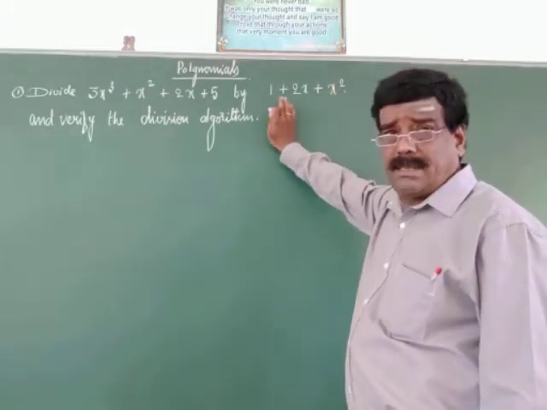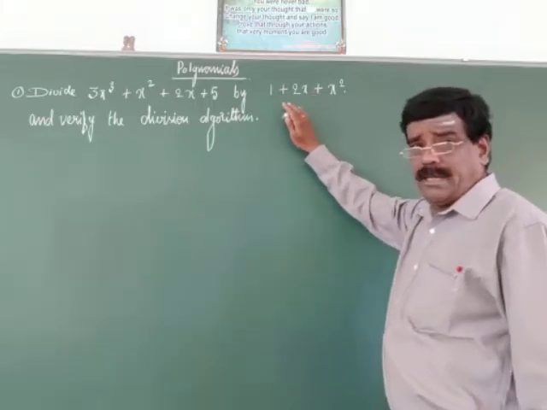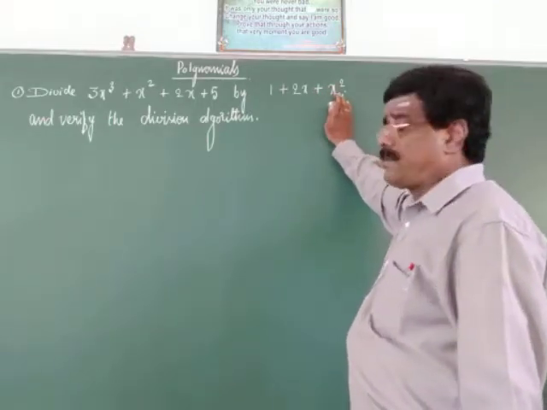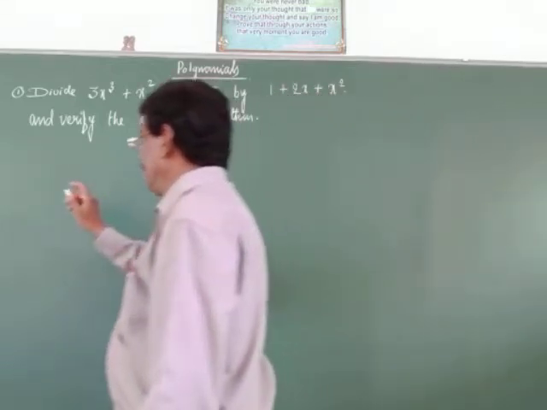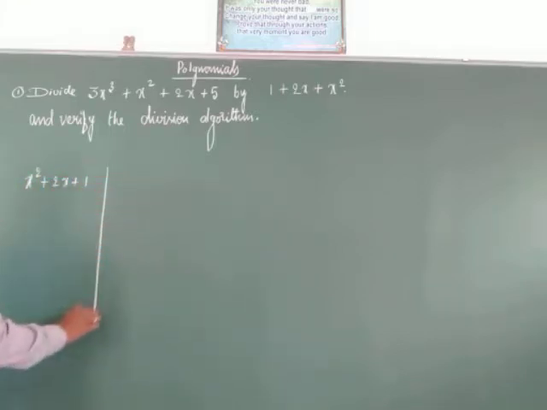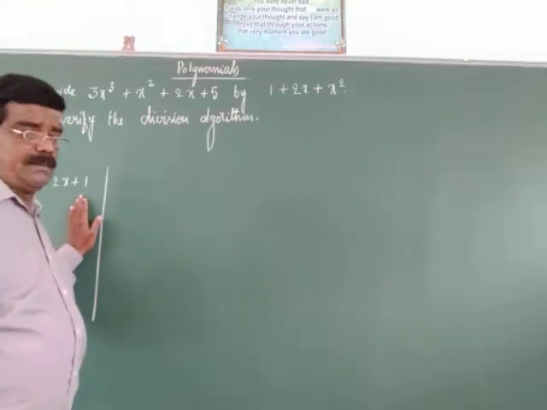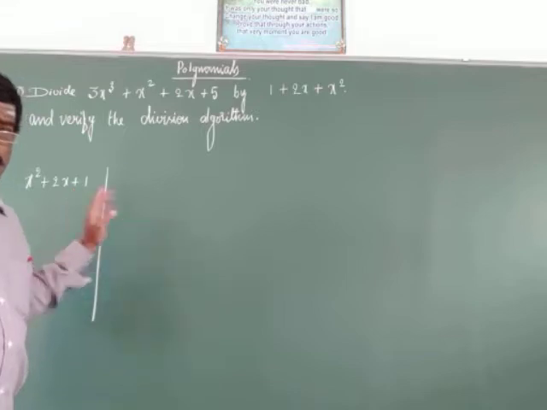Again the divisor is not in the general form or standard form, so you have to rearrange it. Writing it: x square plus 2x plus 1. This is called the divisor, which is not given in order in the question.